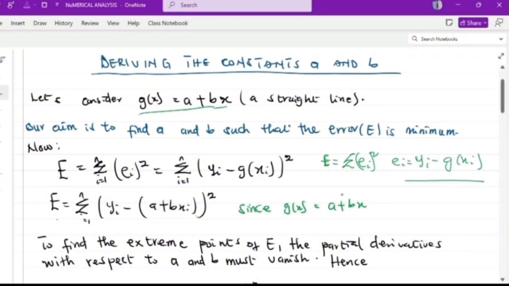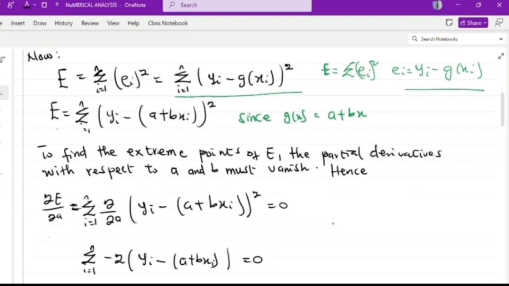So when you do substitution, you're going to get this. But don't forget that our g of x is equal to a plus bx, which implies that our g of x_i will be a plus b x_i. So when you do substitution, you're going to get our e to be this.